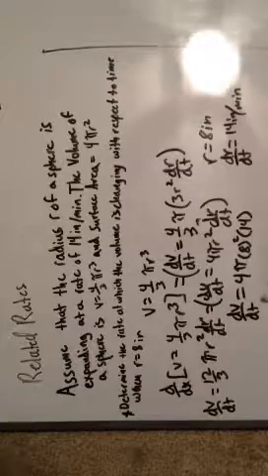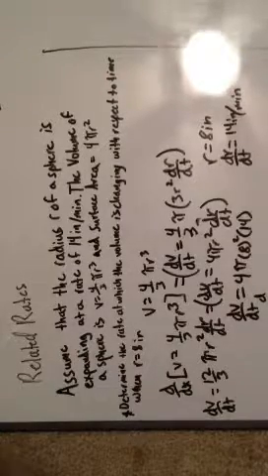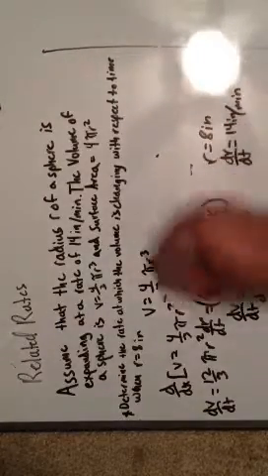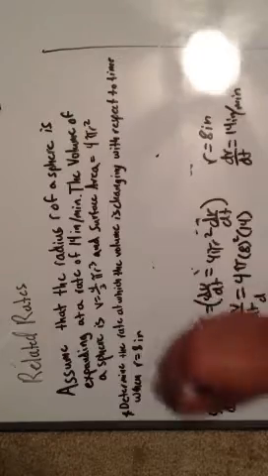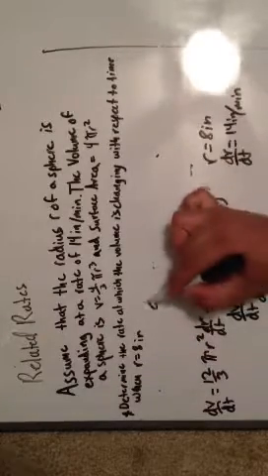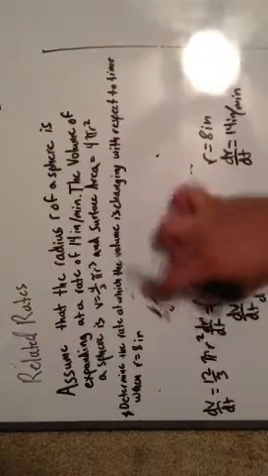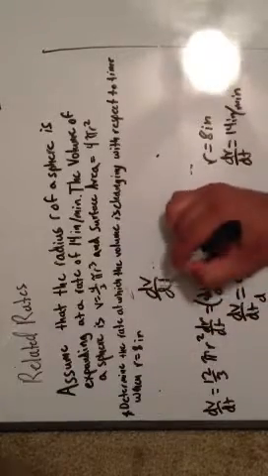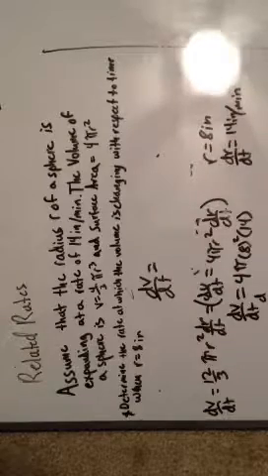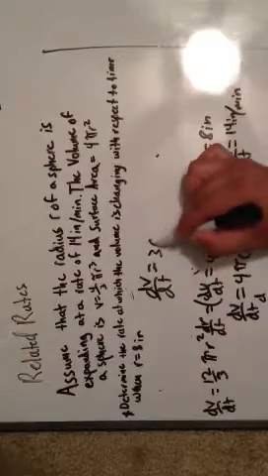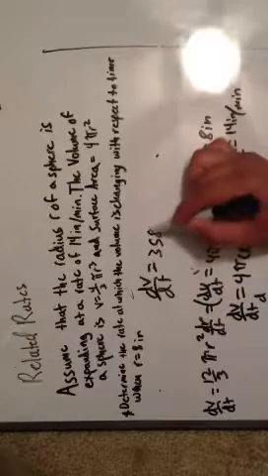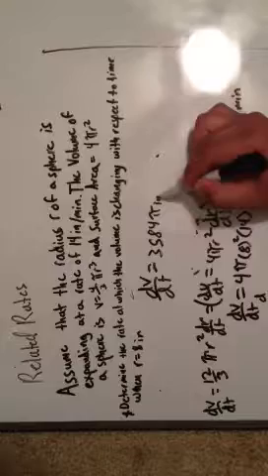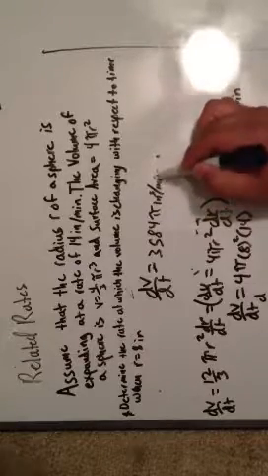And that's just going to give us dV dt is equal to 3,584 pi inches cubed per minute.